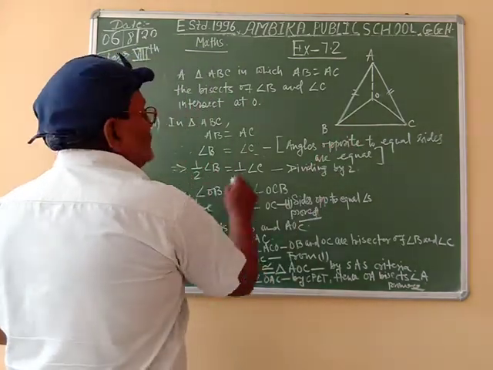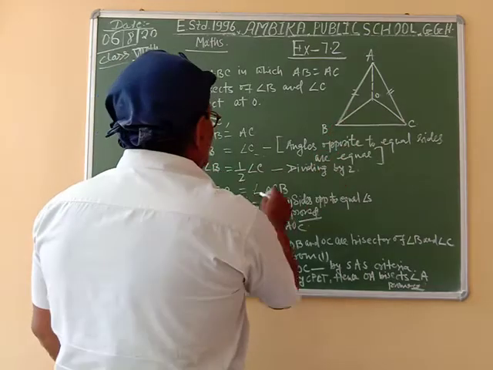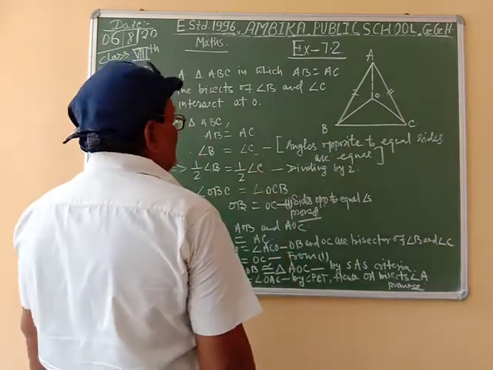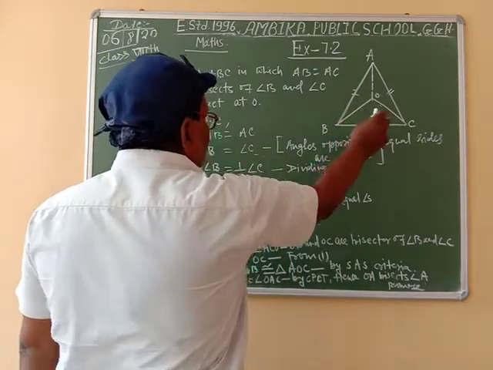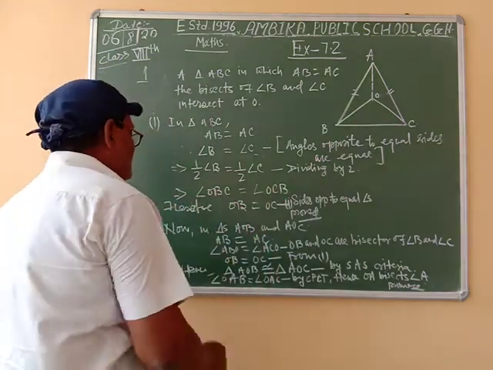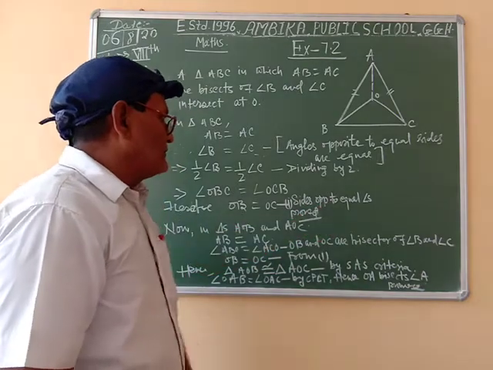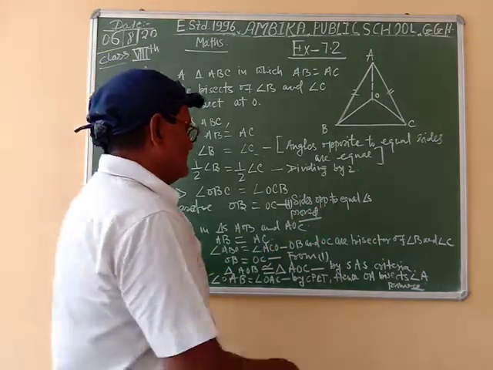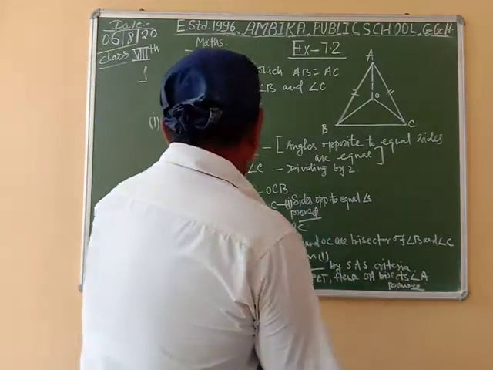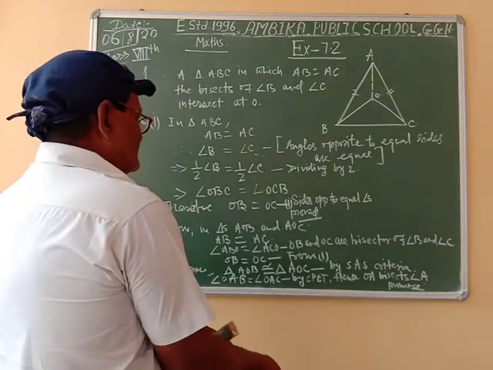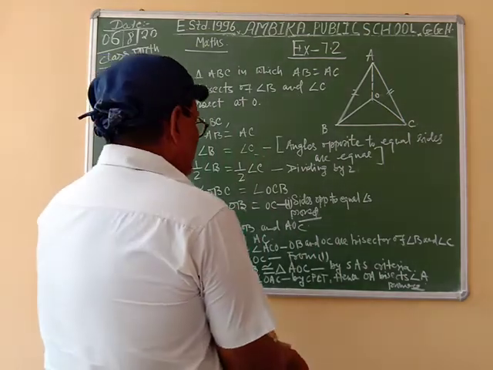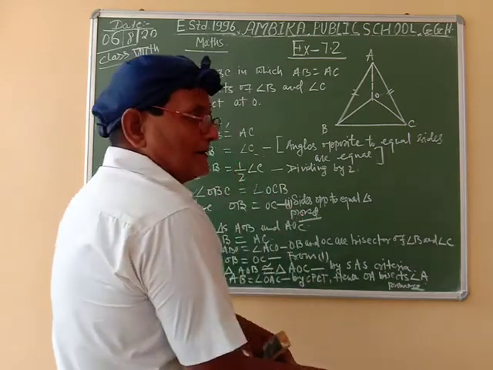Therefore, angle OBC is equal to angle OCB. Therefore, OB equals OC, sides opposite to equal angles are equal. We have proved this before.